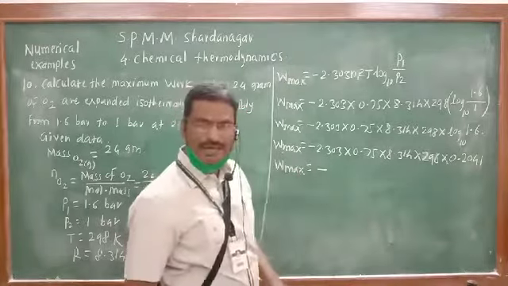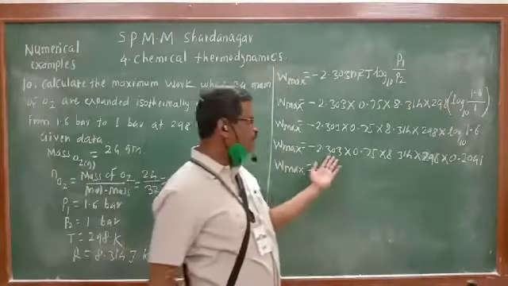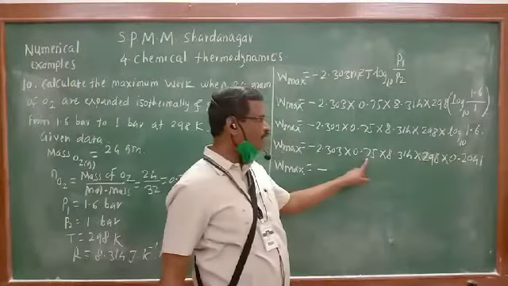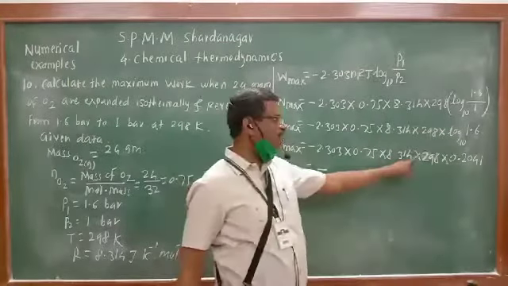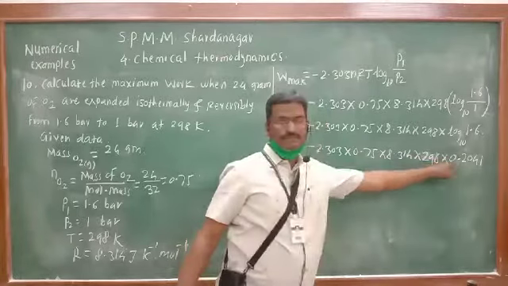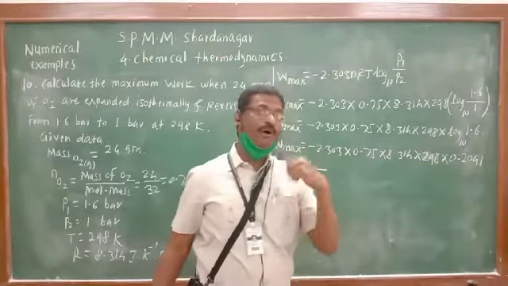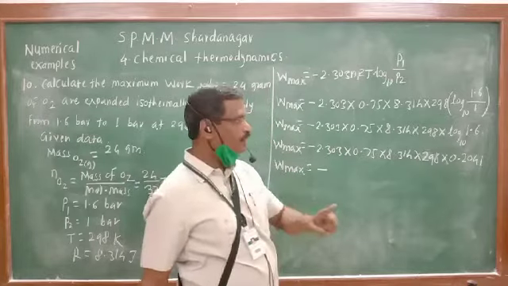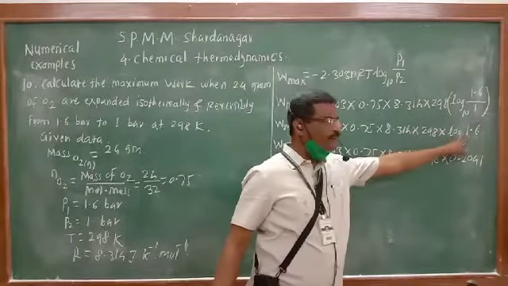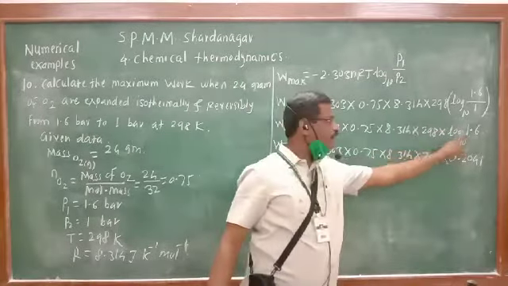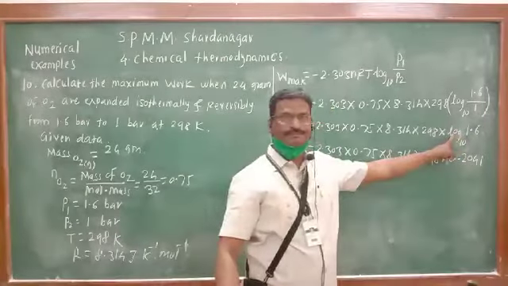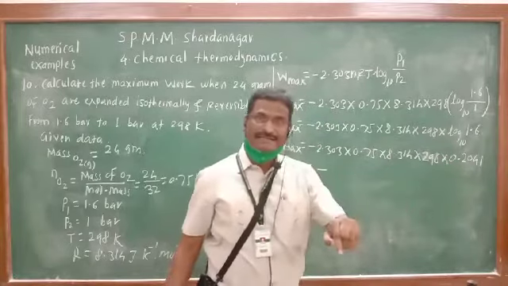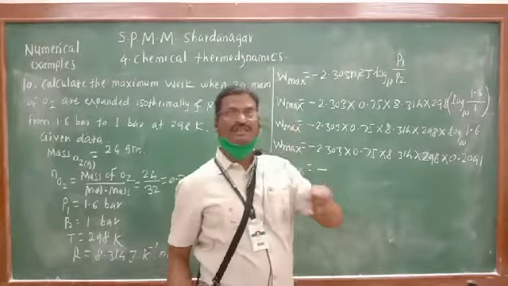And now how to solve this? For the solution of this, we have to take the log of this term plus log of this plus log of this term plus log plus log. See, we have to see the log of all terms. Therefore keep it in mind. We have seen the log of 1.6 because this log we have to cancel. Now we have to do the multiplication. Therefore again see the log of all these terms.